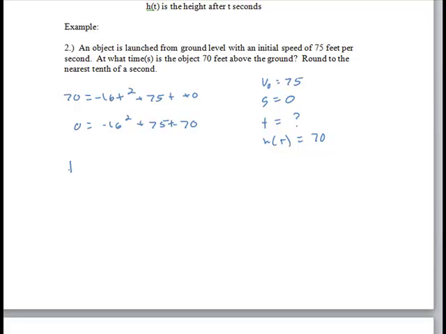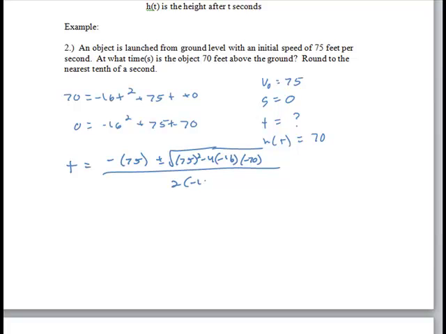So set up this problem. t is equal to negative 75 plus or minus the square root of 75 squared minus 4 times negative 16 times negative 70, all over 2 times negative 16. It should give you two answers.